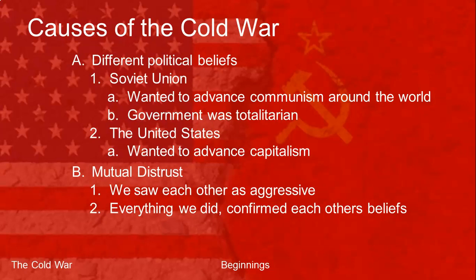And what's really unnerving about it is both sides went into it with this idea of distrust, and then everything the other side did kind of confirmed that yes, they were not to be trusted, even when either side does something that is really innocuous.